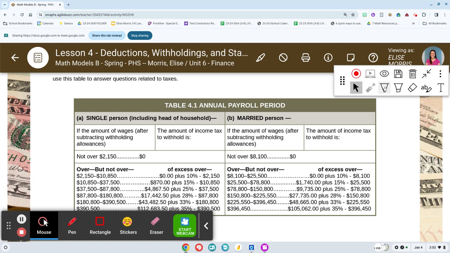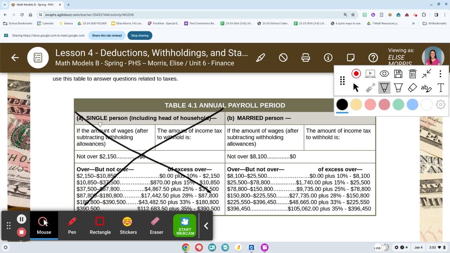She is married, so we are ignoring all of this side that only applies to single people. She makes $50,000, so she is in this range between $25,500 and $78,800. She's going to pay $1,740 plus 15% of what's over that minimum amount.